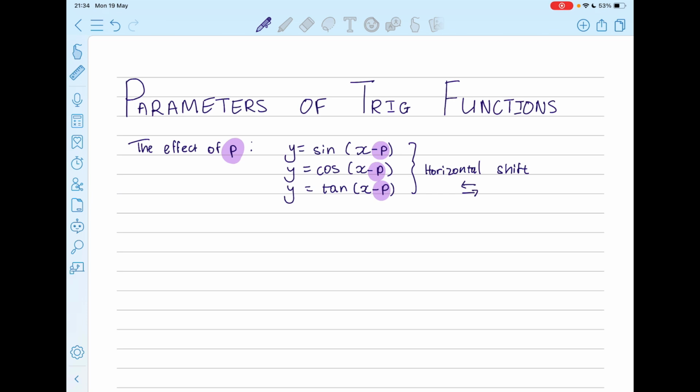So the best way for me to illustrate this is with an example. We are going to use the graph of tan x. So y is equal to tan(x + 45), and the p value we're going to use is plus 45.